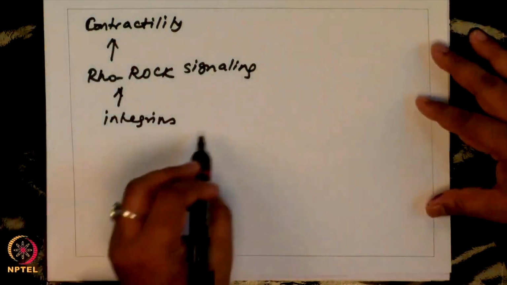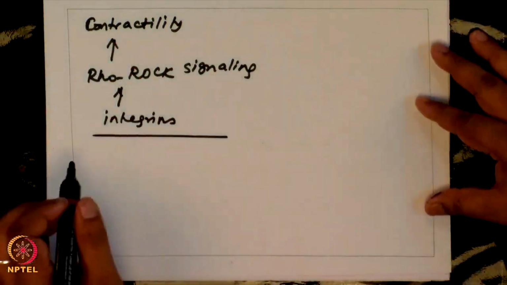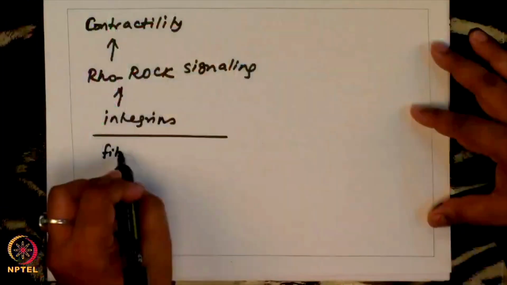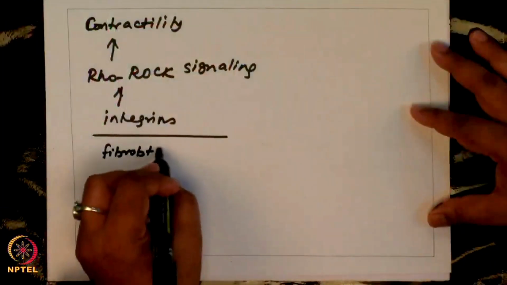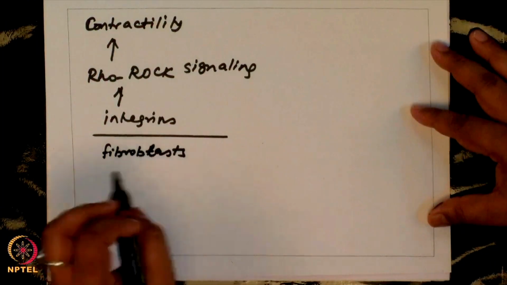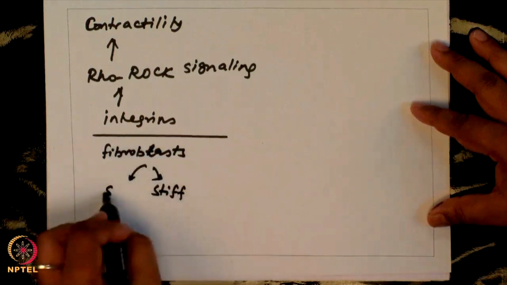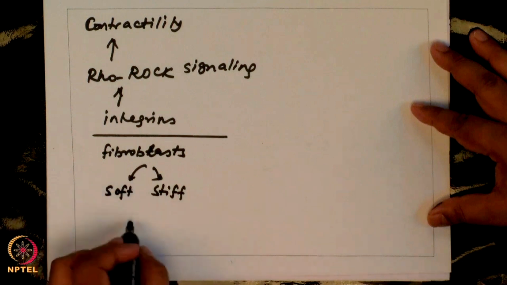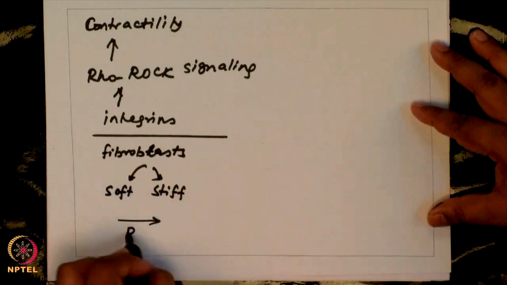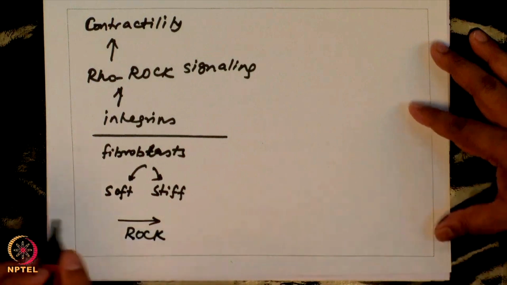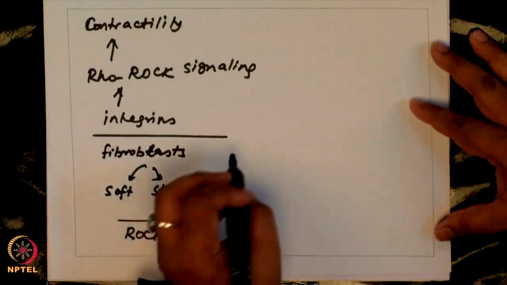To see how Rho-Rock signaling was perturbed between soft and stiff surfaces, they took fibroblasts and showed that on stiffer surfaces you have an increase in Rock, and the cells exerted more force.